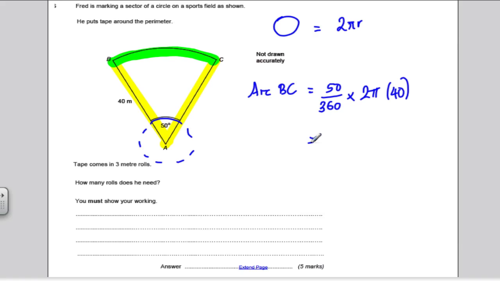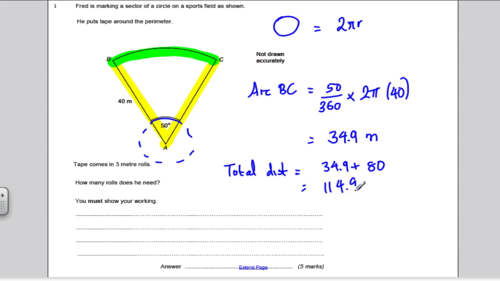So we type that into the calculator. And we actually get ourselves 34.9 for BC, and that's meters. So total distance is this 34.9 plus 2 lots of the 40, so plus the 80, and we get ourselves 104.9.